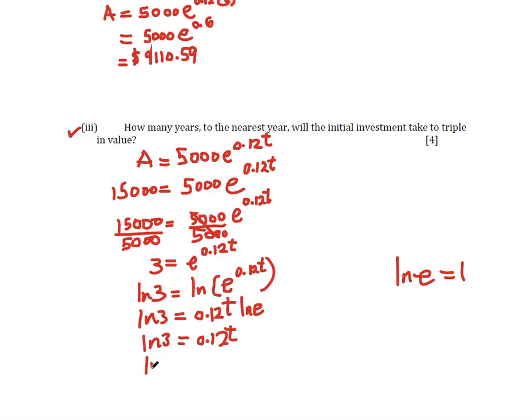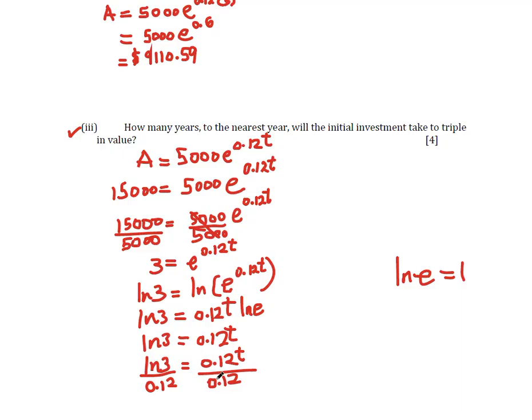And now, to easily get t, we're going to divide both sides of the equation by the coefficient of 0.12. So ln 3 is going to be equal to 0.12t divided by 0.12. In other words, in order to get rid of this coefficient, this term that is multiplied by t, which is 0.12, I have to do the inverse of multiplication, which is to divide by that same number, 0.12.